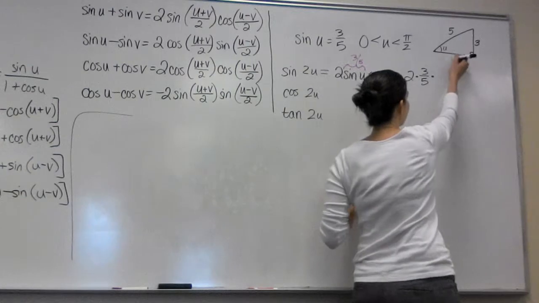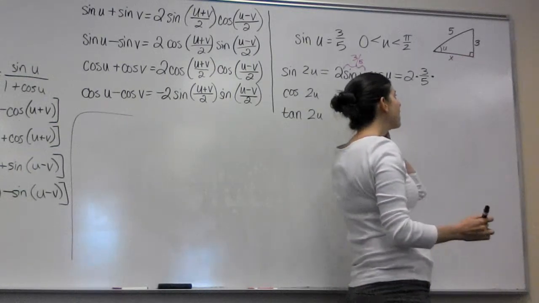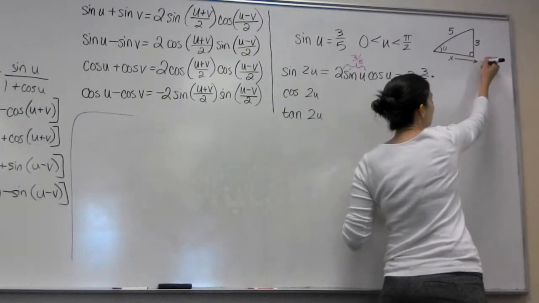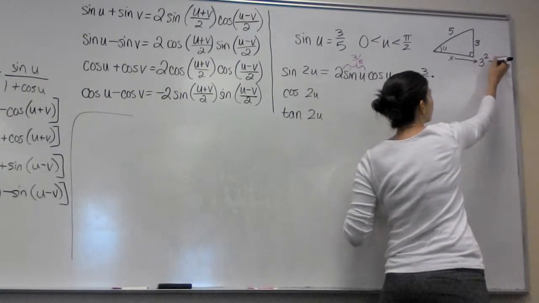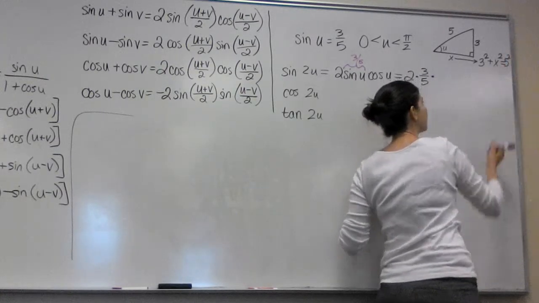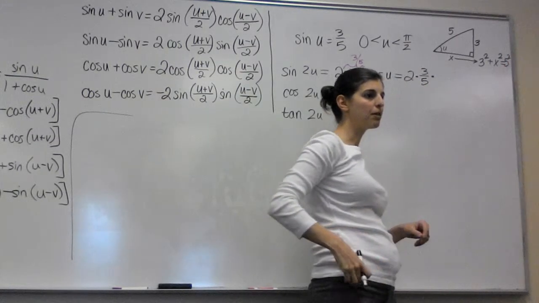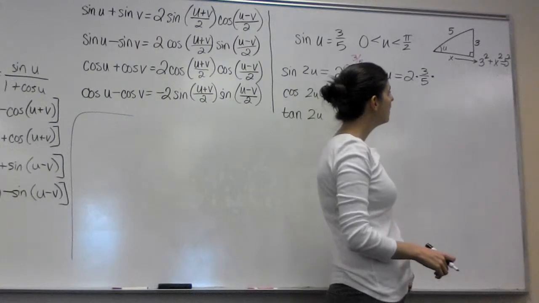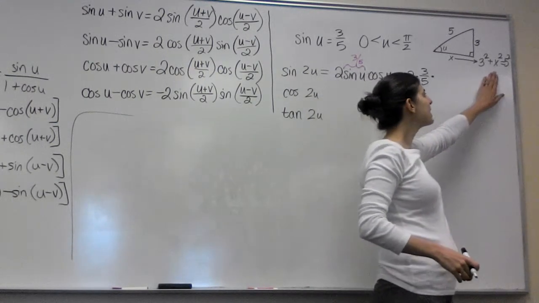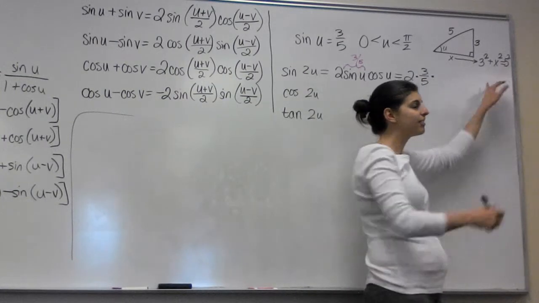Okay, so to find this side right here, I'm going to use the Pythagorean theorem. To set that up, it's going to be 3 squared plus x squared equals 5 squared. It's like a mini problem within a problem. All right? So 9 plus x squared equals 25.